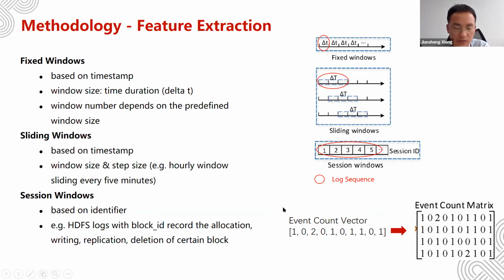For example, if the event count vector is 1, 0, 2, 0, 1, 0, 1, 1, 0, 1, it means that event 1 occurred once in the log sequence, event 3 occurred twice, event 5 occurred once, and so on. Finally, plenty of event count vectors are constructed to be an event count matrix.